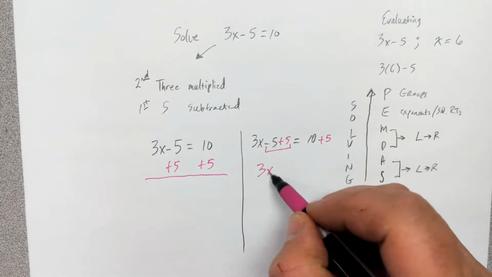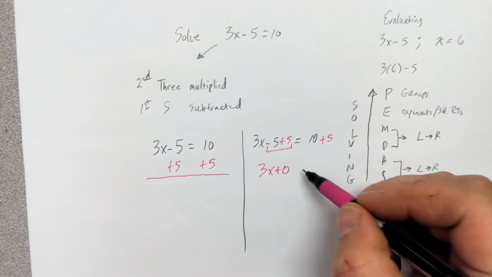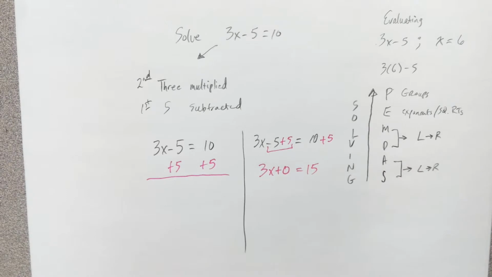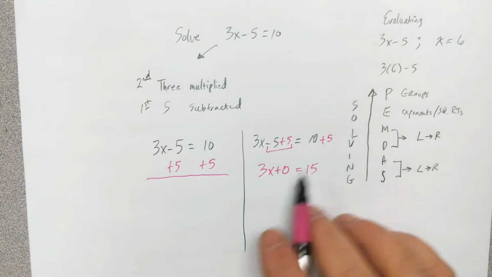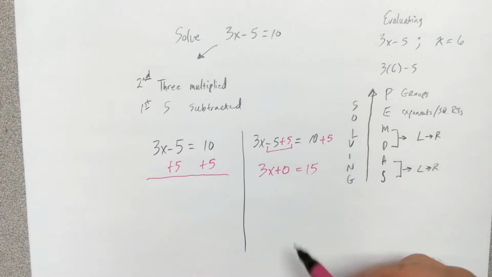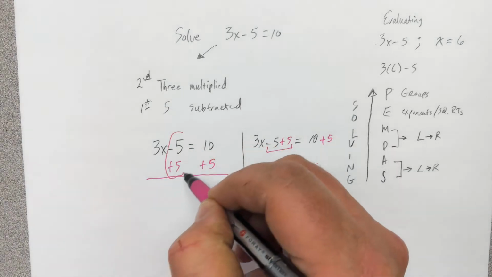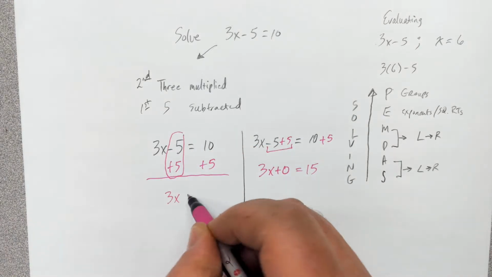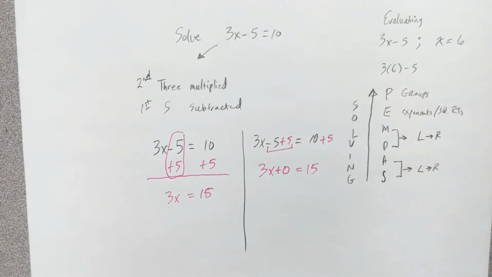So you really have 3x plus 0 equals 15. Now we don't have to write the 0, right? You don't have to write plus 0. It's always there. And that's what this is right here, except we're doing it in a column. So 3x equals 15. Hey Jackie, 3 times what is 15?